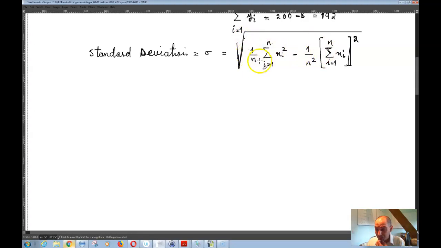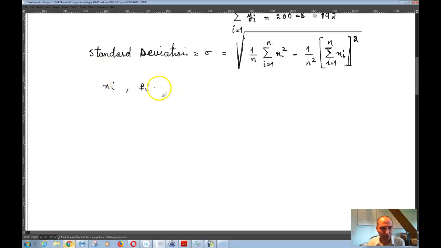Now if you want to know where this formula comes from, it comes from the shortcut method we talked about. In the shortcut method, we said that we had a number of observations, with some x of i's and some f of i's as well.